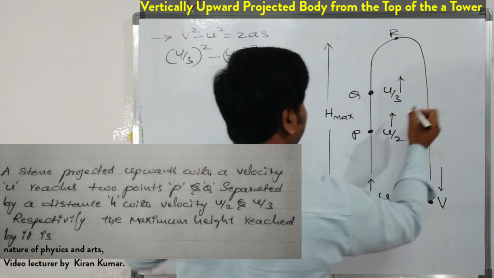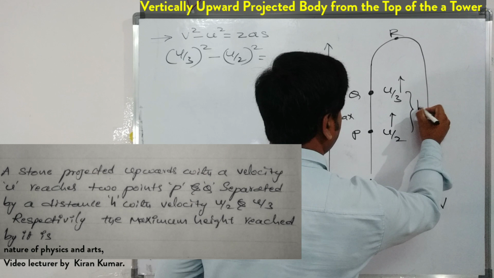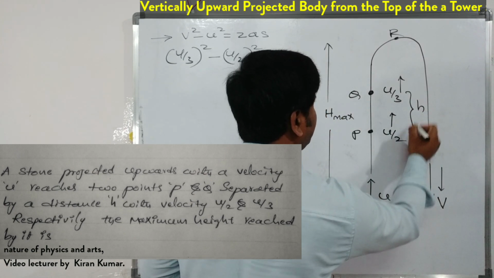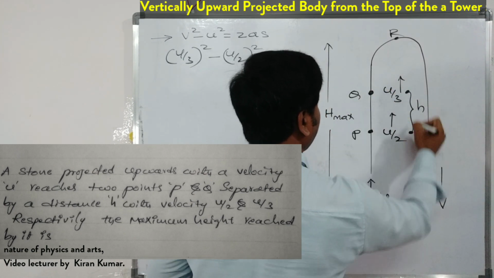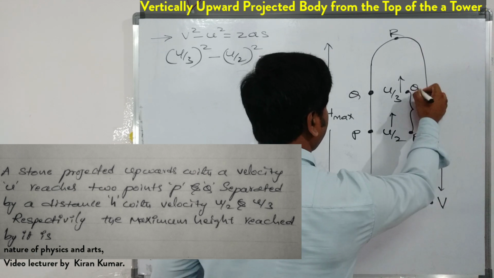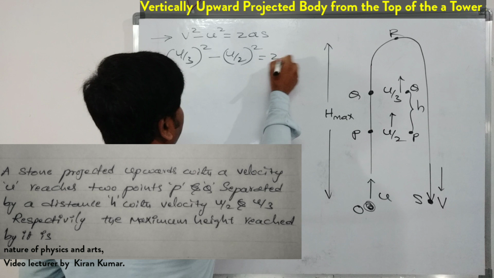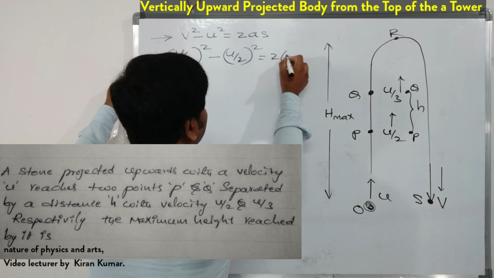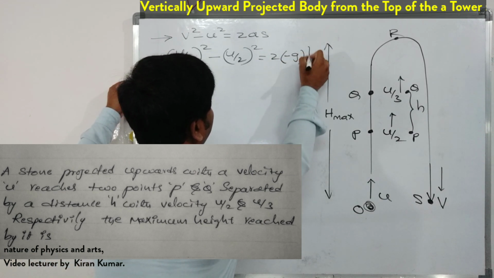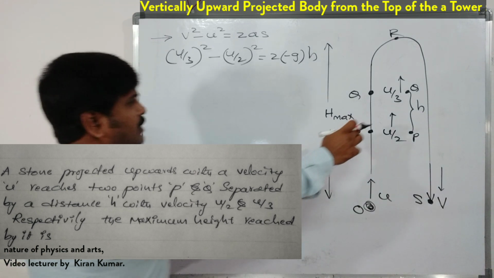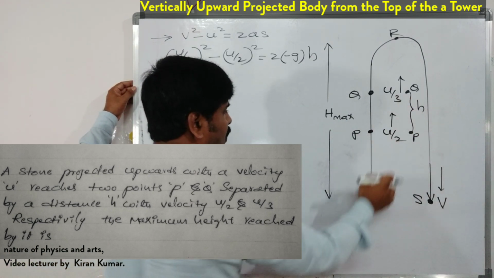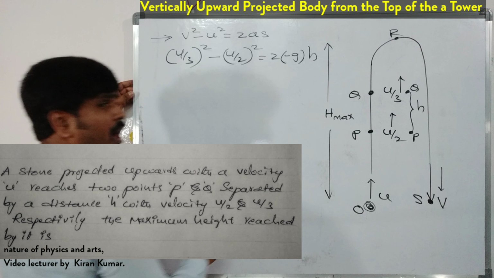The height is given here as h, the height between the two positions P and Q. Then 2 into a, where the a value is −g, into h. This is small h between P and Q, capital H between O and R.